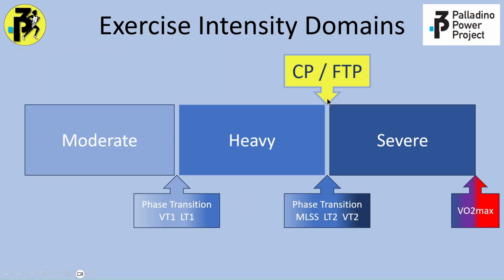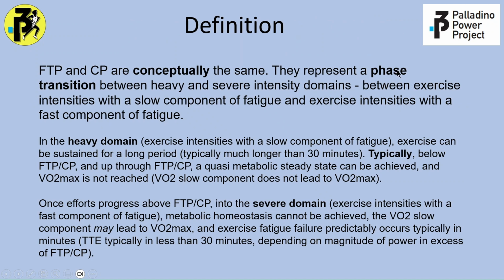But for today's video, the definition of CP and FTP falls into representing that phase transition between heavy and severe intensity domains. Now, just a little bit more to define the heavy domain.